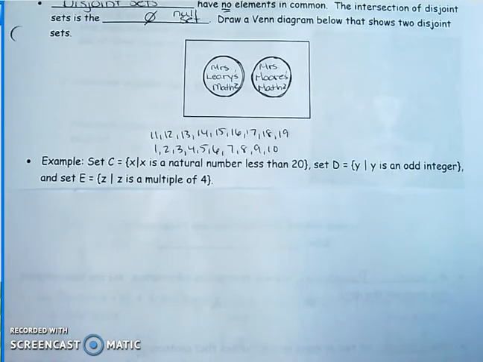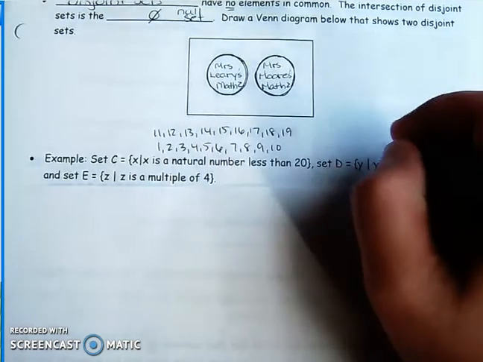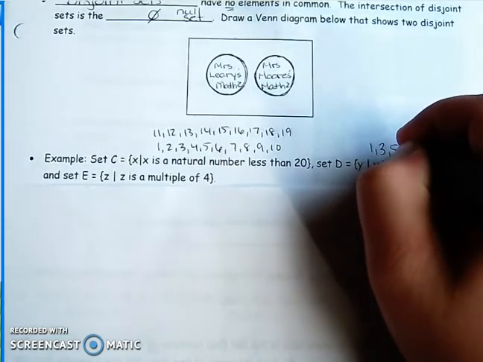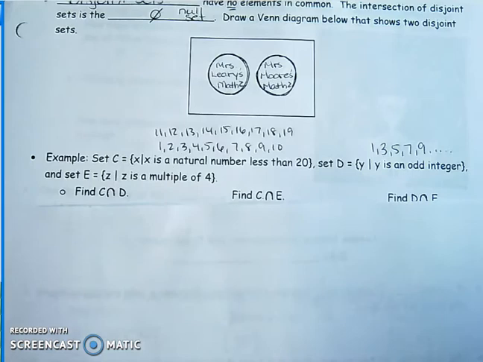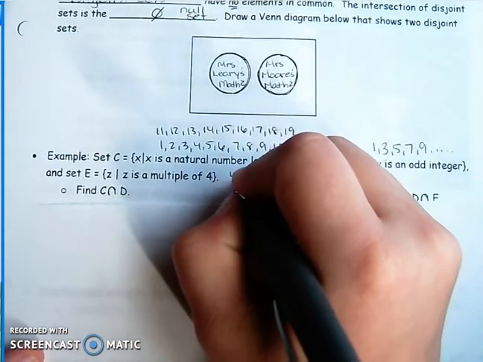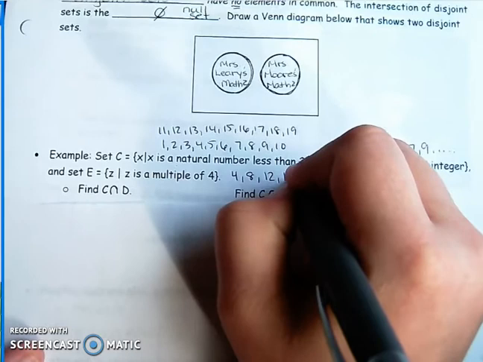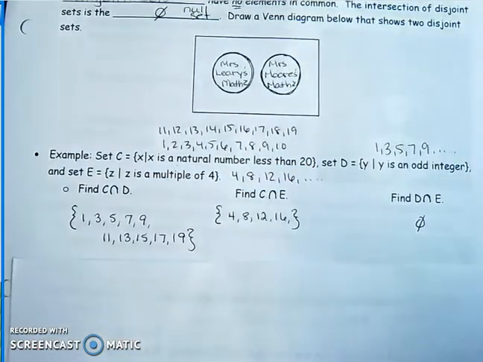And anytime I have these type of problems, I always list out my numbers so that I can see them visually. D is y such that y is an odd integer, so that would be 1, 3, 5, 7, 9, and it continues. Then E is z such that z is a multiple of 4. Well, multiples of 4 are 4, 8, 12, 16, and it continues as well.